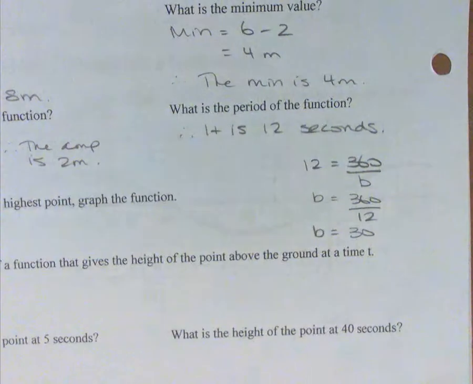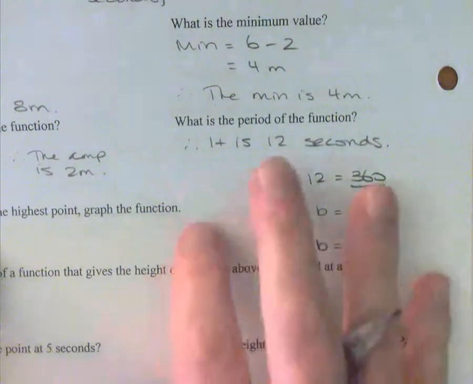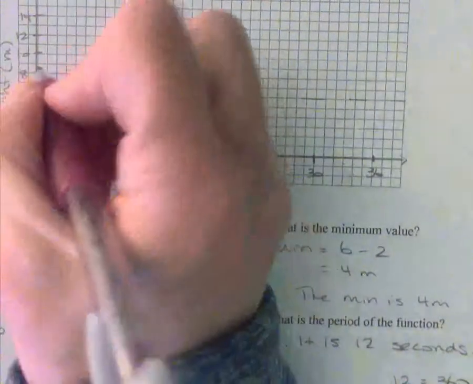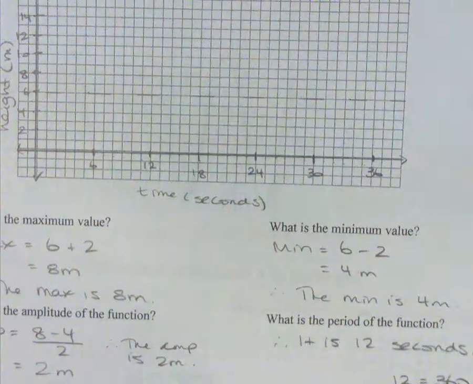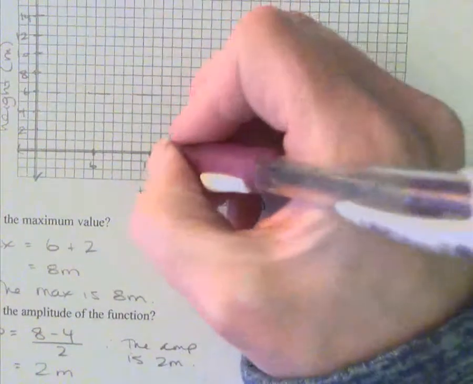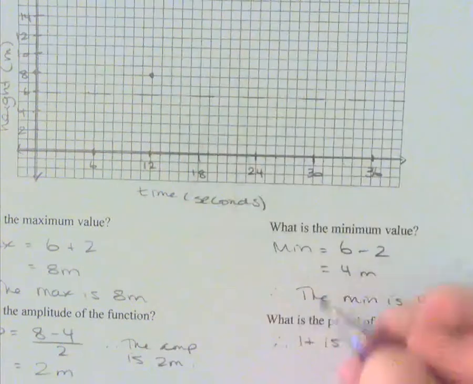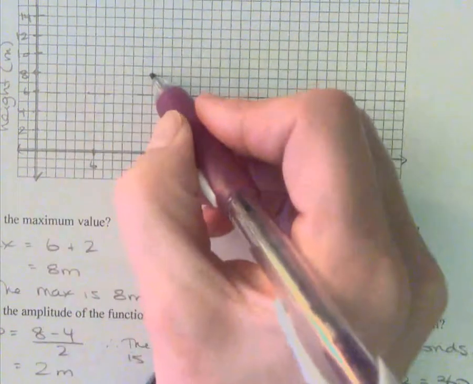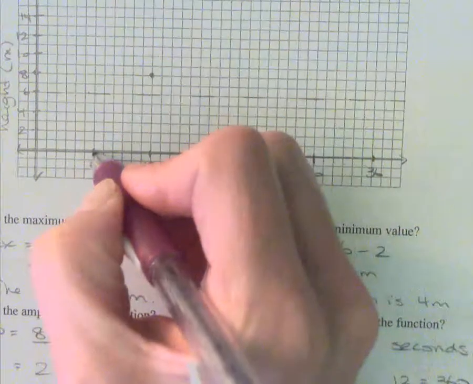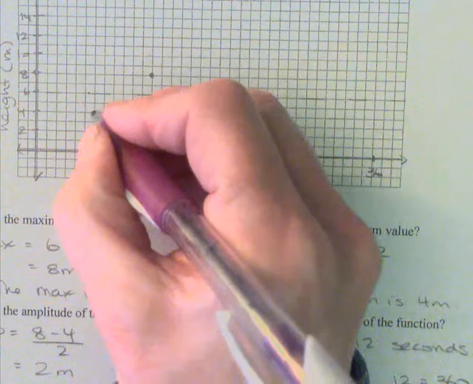I can now go and graph it. It wants me to start at the highest point. That means I'm going to start at 8 meters and put a point there. 12 seconds later, I should be back at 8 meters. Halfway between 0 and 12 is 6. I should be at my lowest point at that one.